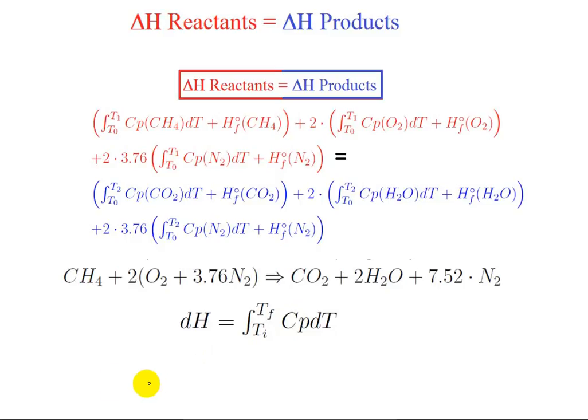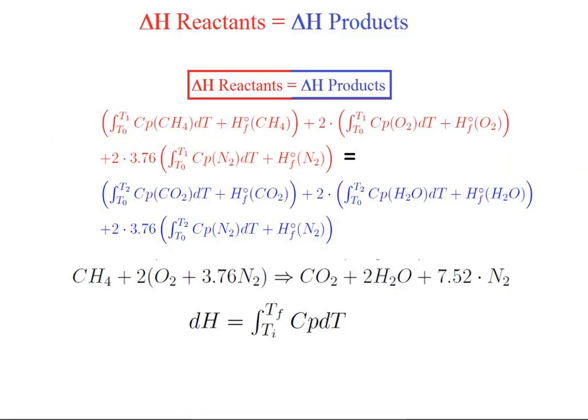In our problem, and notice the starting temperature of the reactants right here, T1, we said that temperature would be 300 degrees K. Note too that NIST and ISO and much of the rest of the world use 298.15 K as the reference temperature. Had our problem said 298.15 K, then these integrals, that one, this one, would have evaluated to 0. As it is, they're going to be very nearly 0.